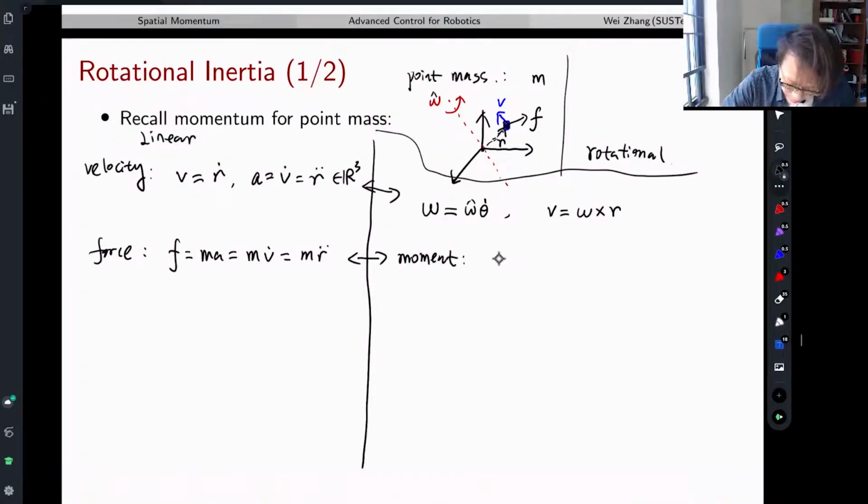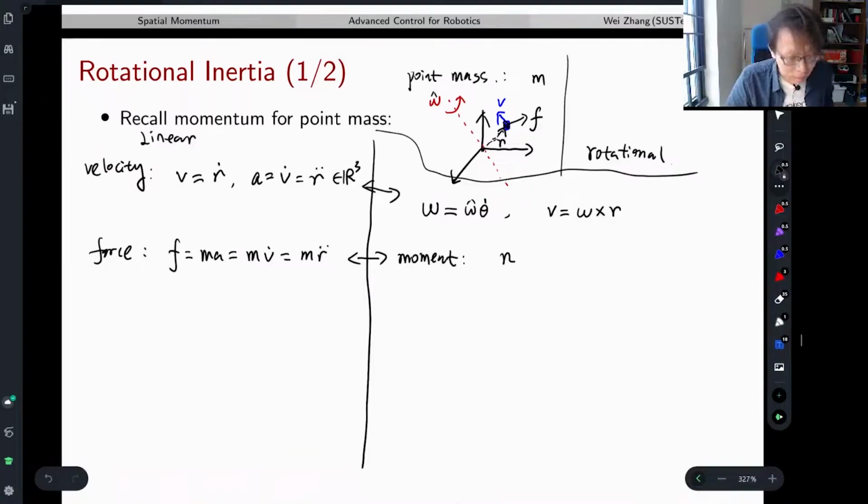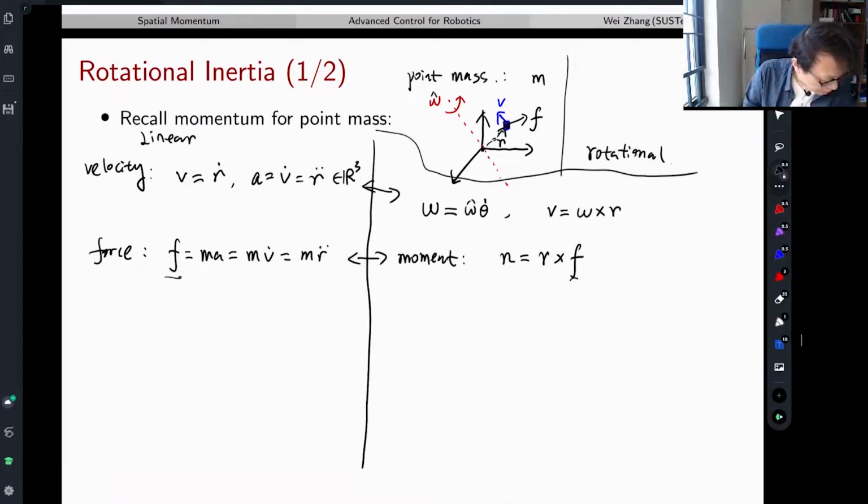Using our current notation, which somewhat adopts Roy Featherstone's notation, so it's a little bit ugly, the moment is n, it's not the natural number. The moment n equals r cross f. So the force f applied at this position generates the moment.